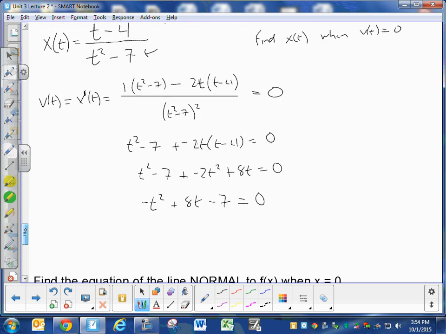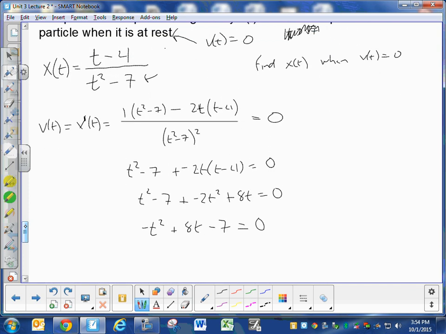I don't like that negative t squared, so I'm going to multiply everything by negative 1. And now I see I have something that I can factor to solve. I will get t minus 7, t minus 1.